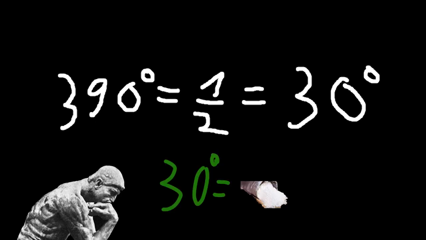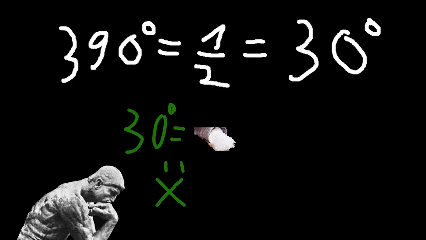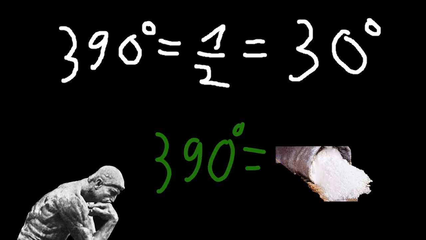And so from this, at least what I'm seeing, is that 390 degrees and 30 degrees have the same value of 1/2. However, 30 degrees has the value of just barely milling up the wheat, and we will give this the value of x, and 390 degrees did a better job at milling up the wheat, and we will give this the value of y.